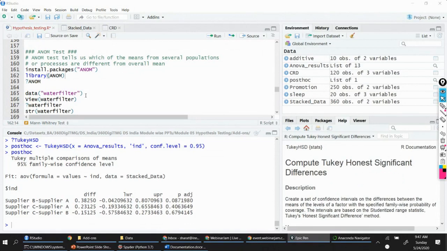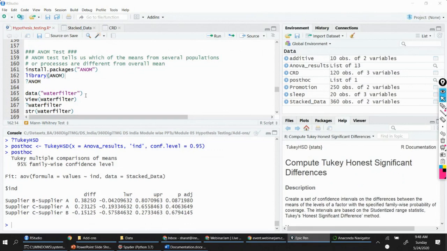The differences between ANOM and ANOVA: ANOM basically assumes that the data is normally distributed, but it can also be applied for Poisson distribution as well. Whereas in ANOVA, we assume that the data is normally distributed. Both of them should have normally distributed data basically. In ANOM, we are trying to see the variation around the overall mean.